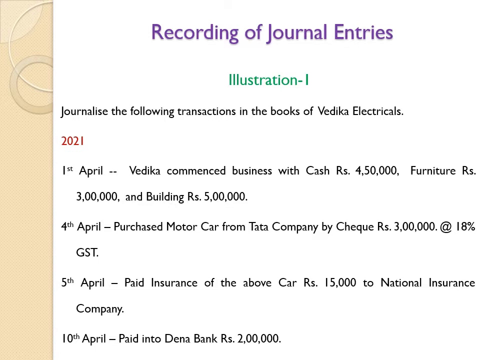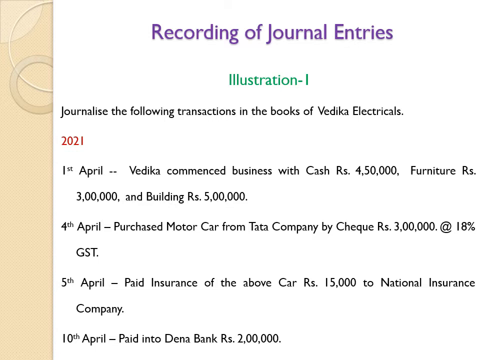That is, business started. On 4th April, purchased a motor car from Tata Company by check at rupees 3 lakh at 18% GST. These 18% has been divided into two parts. India has adopted the dual concept of GST.